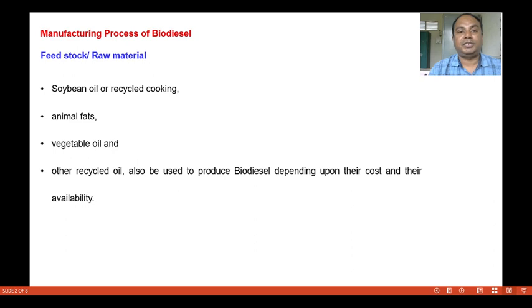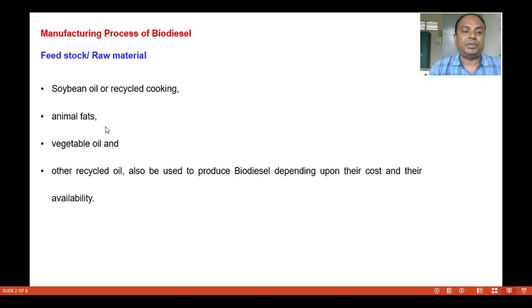We have to choose this raw material depending upon its cost and its availability.